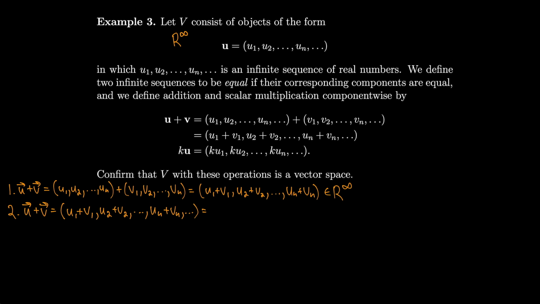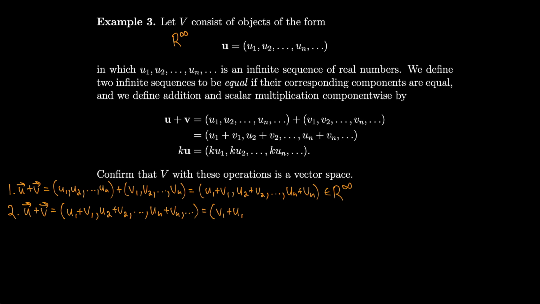And that is the same thing as if we swap these, because inside the components is just regular addition of scalars, which is just regular addition of real numbers, which is commutative.